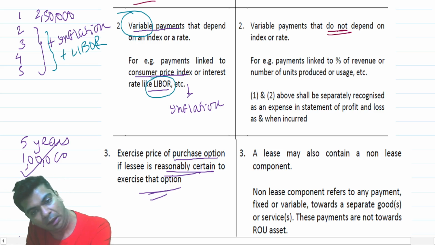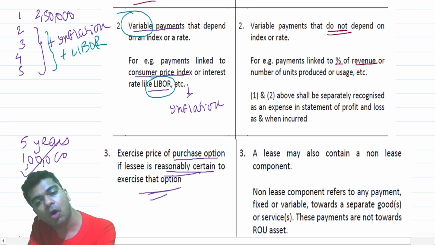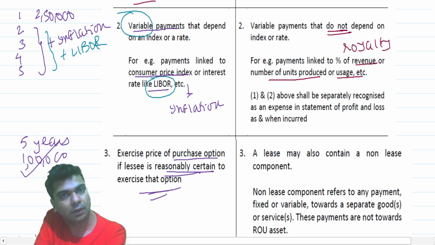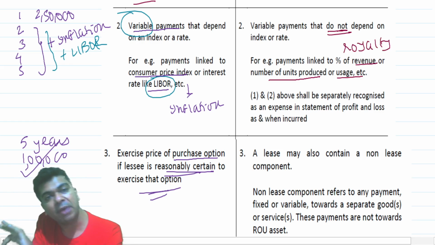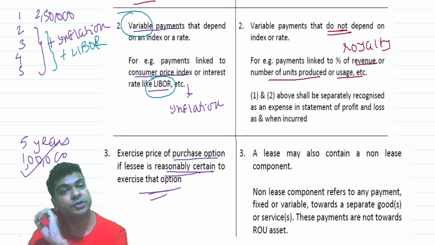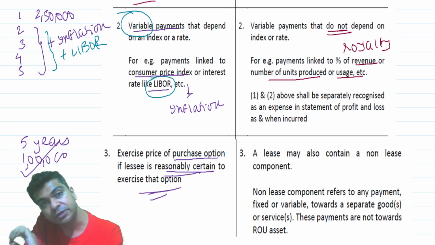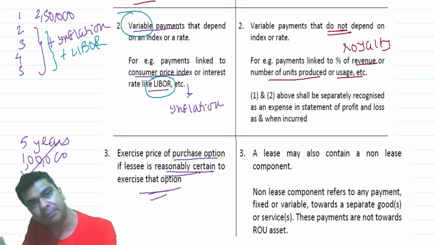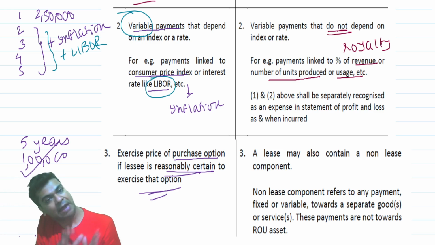So they are saying, for example, payments linked to a percentage of revenue or the number of units produced or usage, these are more in the nature of royalty, right? So any royalty payment that you are making on the basis of sales, on the basis of the number of units produced, on the basis of usage, you will exclude it from the lease payments. Of course, this is an expense. I'm not denying it.